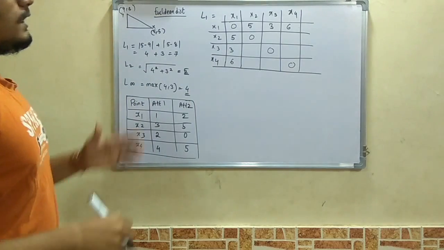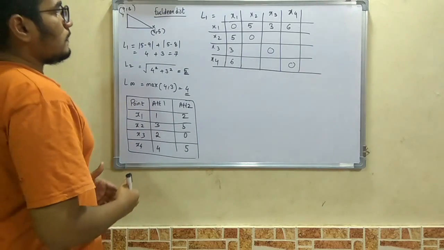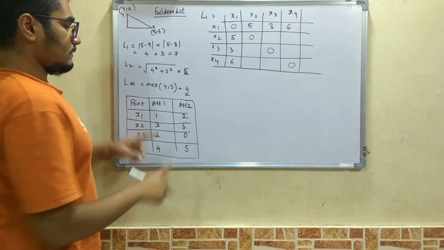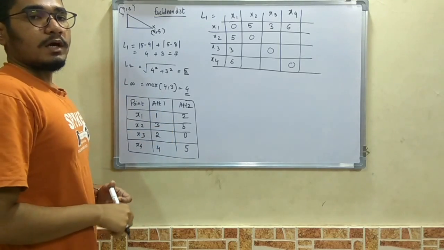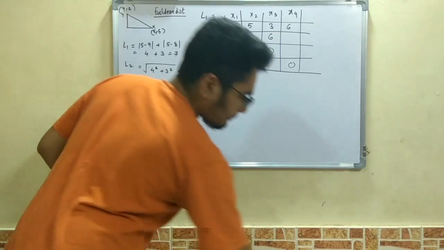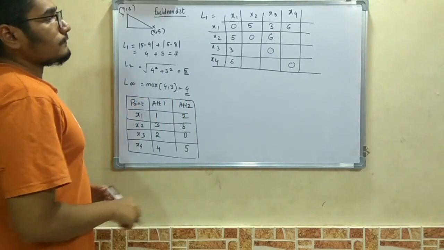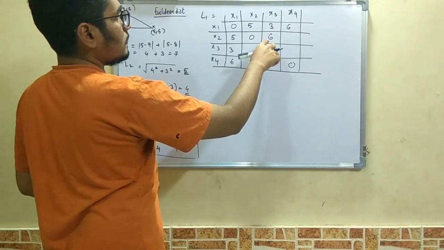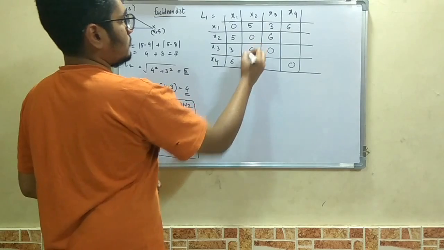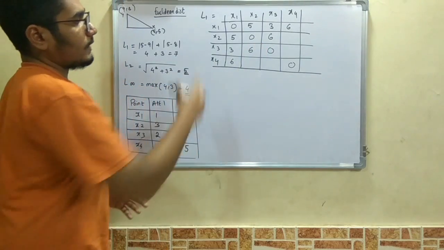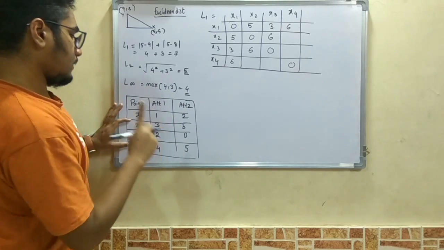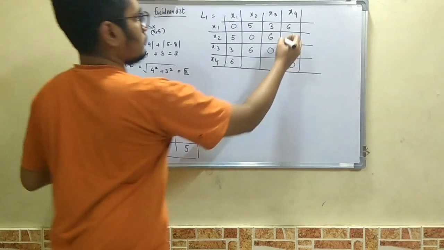Next we have x3 and x2: 3 minus 2 is 1 and this is 5, so we have 6 here. Similarly you can update x2, x3 here also. Next we have x2 and x4: it is 1 plus 0, that is 1.